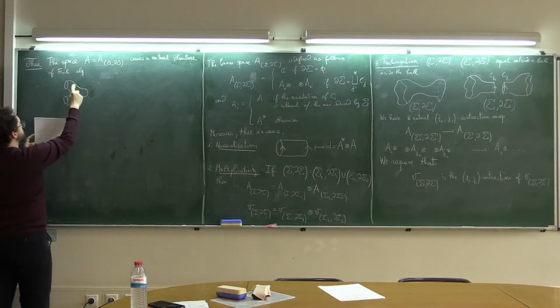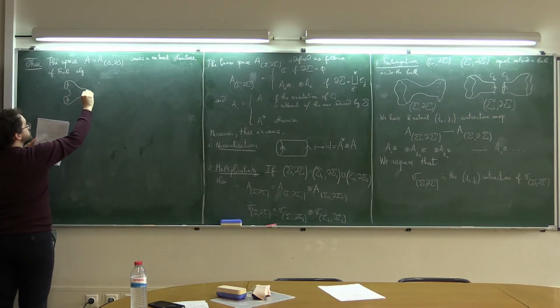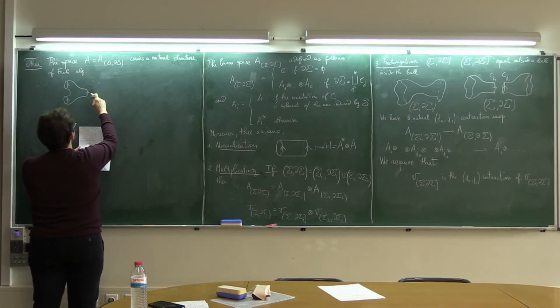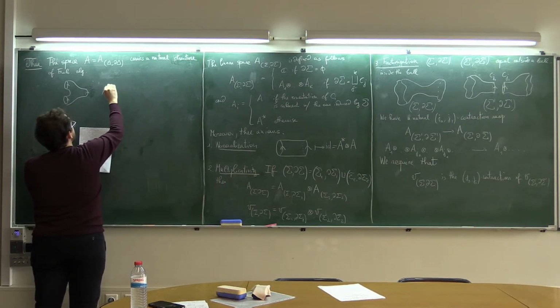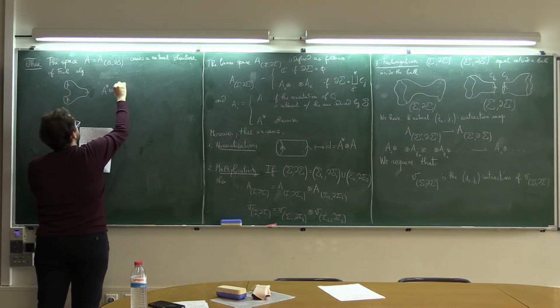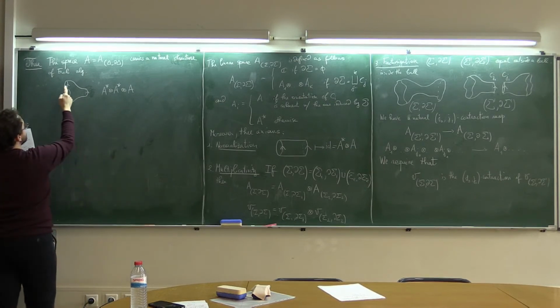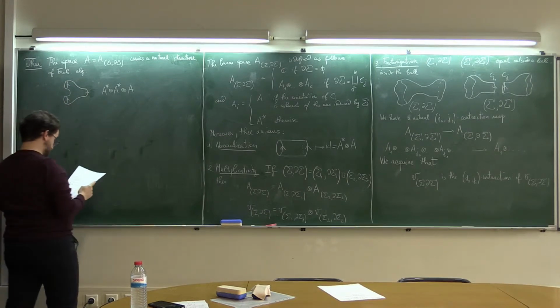I can consider this surface and the boundary equipped with the following orientations. The topological field theory attaches to this pair a vector space which is A star times A star times A, because two of the cycles of the boundary have an orientation which is not the induced one by the surface.